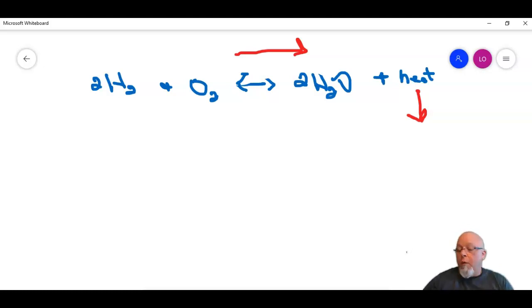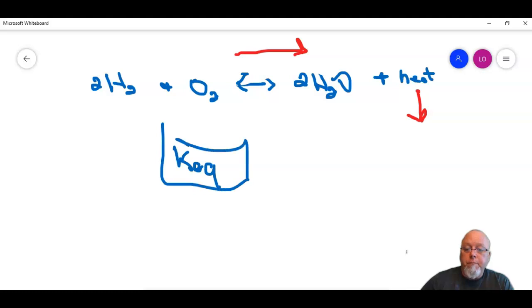Now, a major point here, and you need to remember this: our KEQ that we calculated does not change with concentration or pressure. No matter what concentrations or pressures, the KEQ is not going to change.